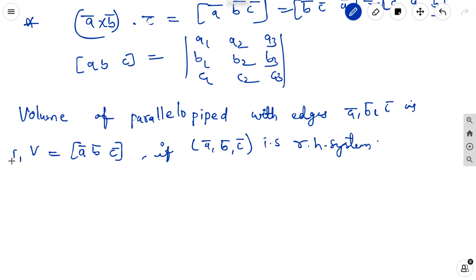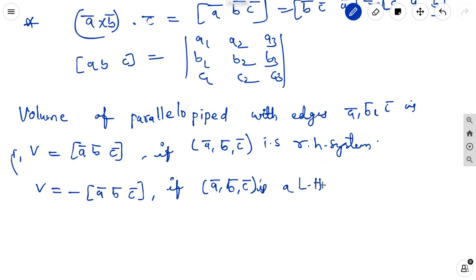The second point is that V equals minus [a, b, c] if a, b, c is a left-handed system. Left means we get the negative, right means we get the positive.